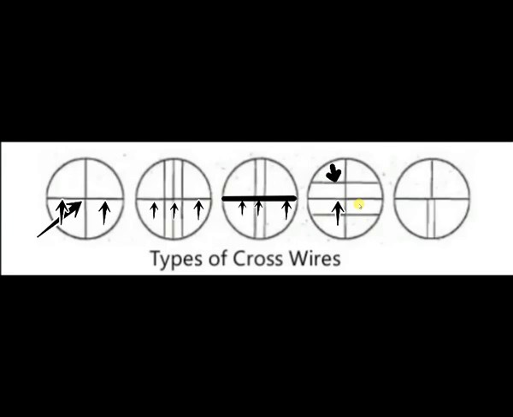Now, when you take a reading at this particular level of the cross wire, definitely it is going to go ahead. This reading will take you ahead, and this one is going to take you at a lesser reading, I mean at a lesser distance.